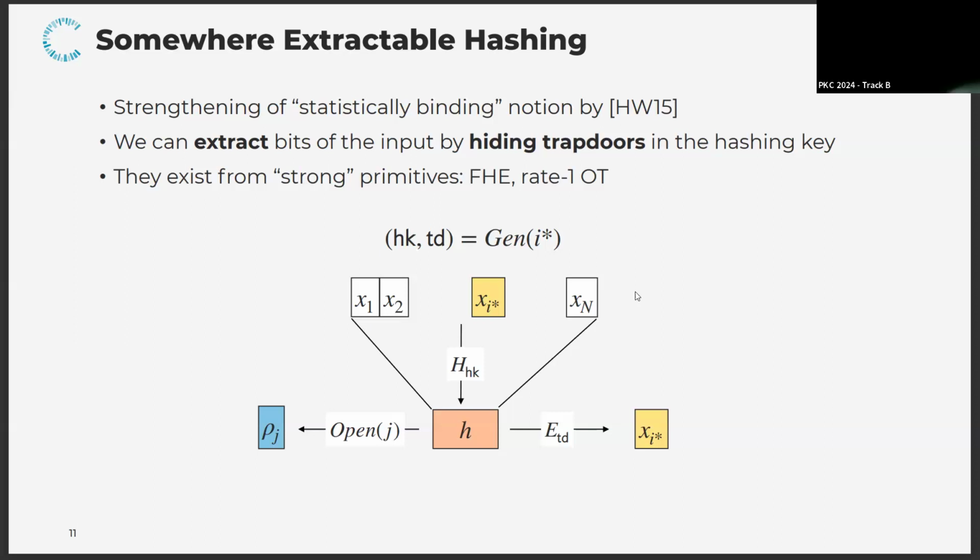With the hashing key, anyone can compute the hash, and with the trapdoor, we can extract the i star position. This is a usual hash, and we want to be able to open to any of the positions, not just i star, of course. And they exist, for example, from FHE or from rate-1 oblivious transfer.